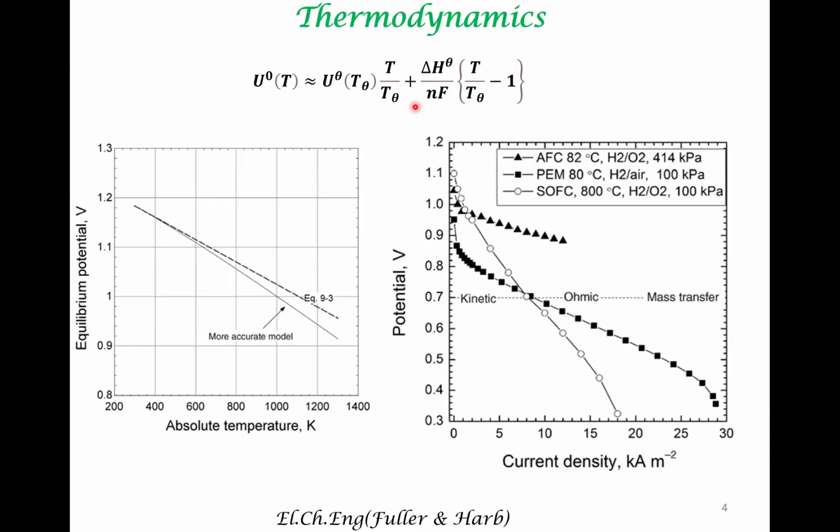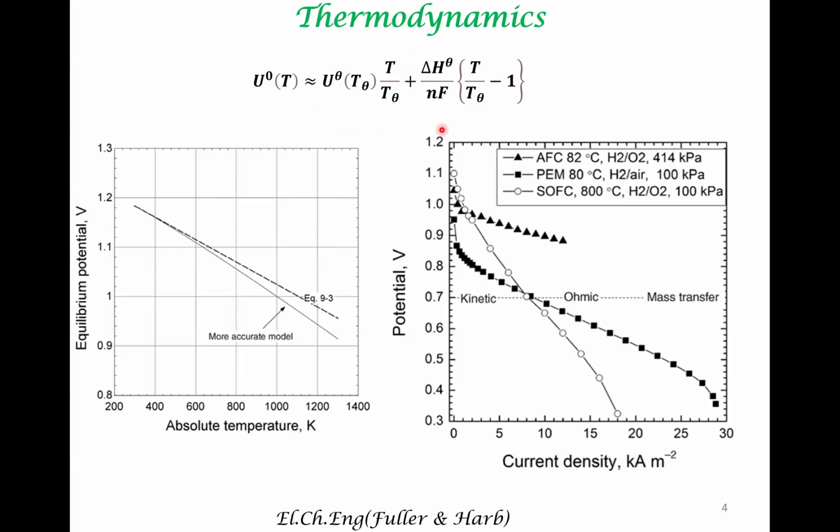In general, you can get the variation via this particular formula. So one aspect of the polarization curve, that is the temperature dependence when you're not drawing any current, the open circuit potential, can be rationalized via simple thermodynamics. But even taking that into account, you don't see all the variation between these three fuel cells.